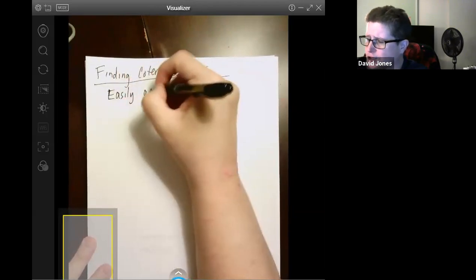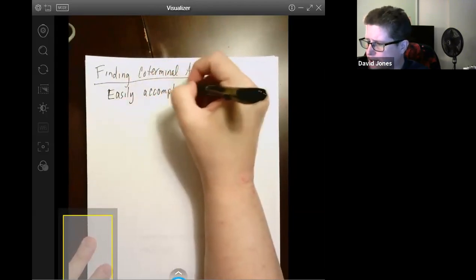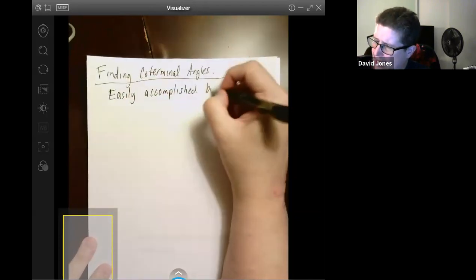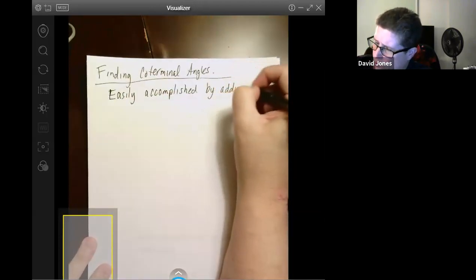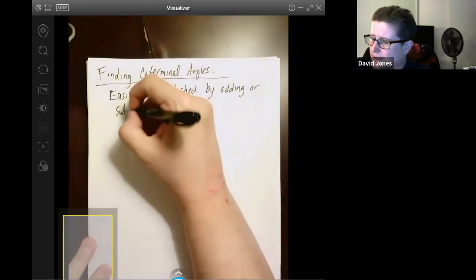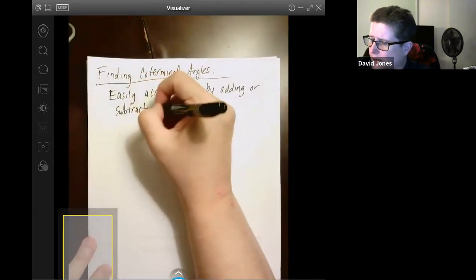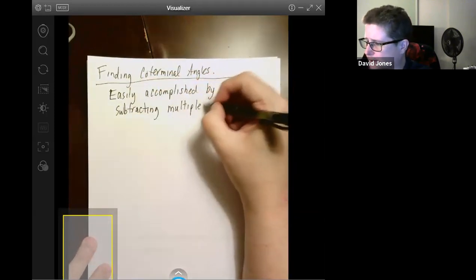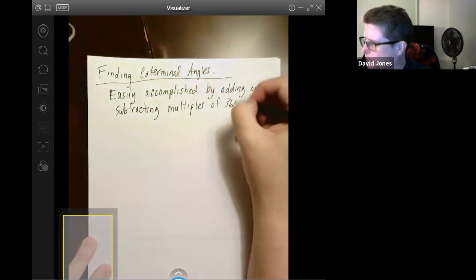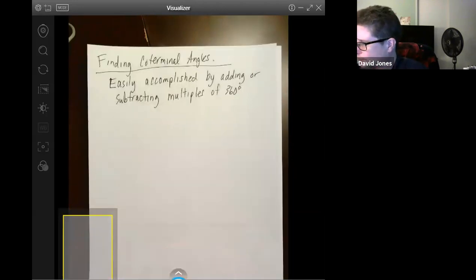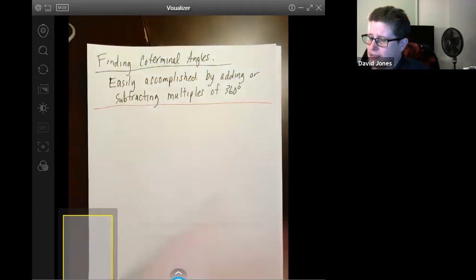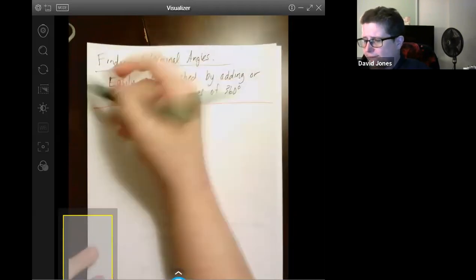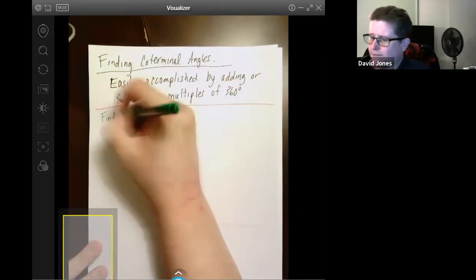Easily accomplished by adding or subtracting multiples of 360. So in the following examples, find the angle of least positive measure.